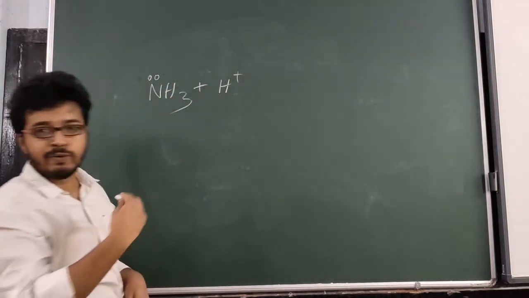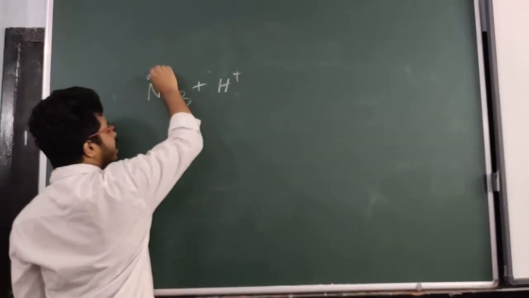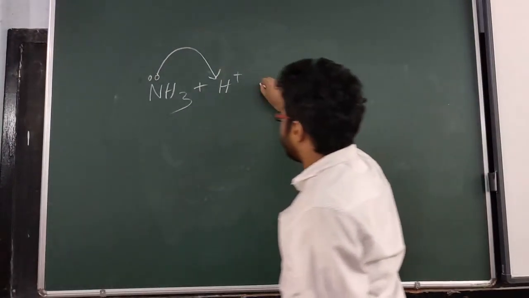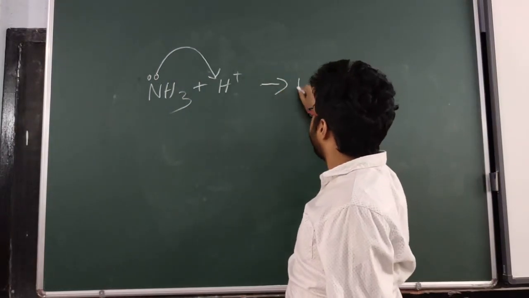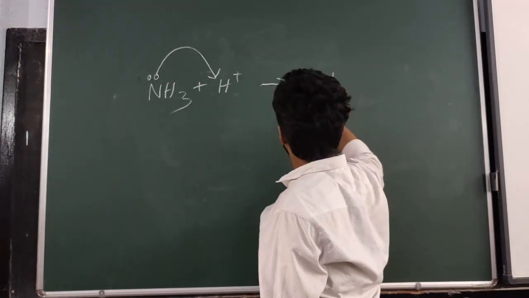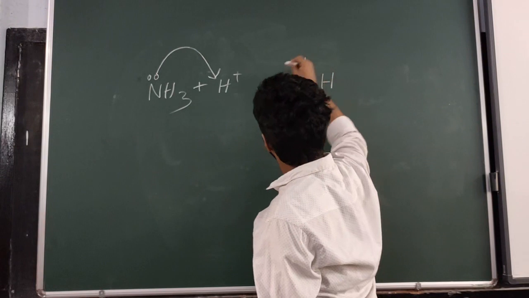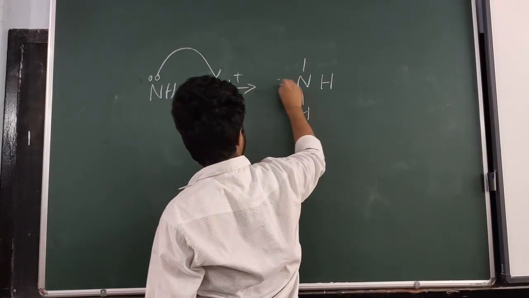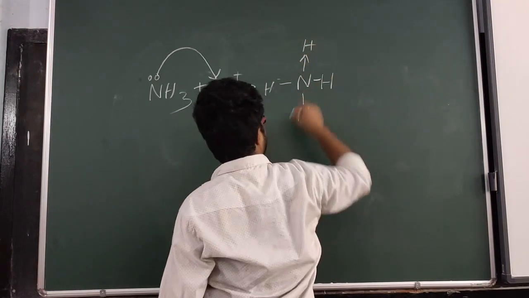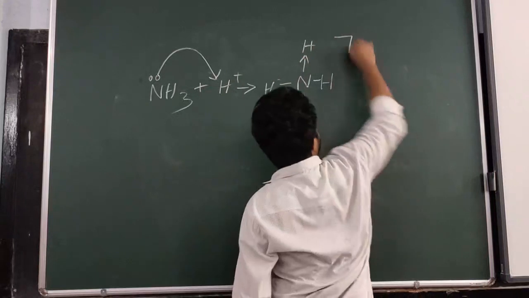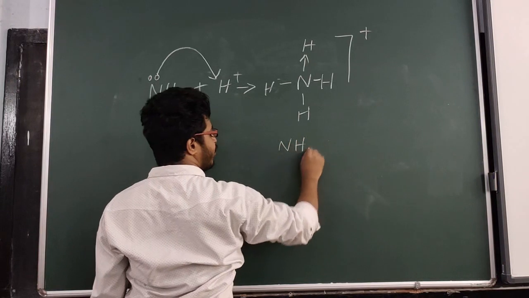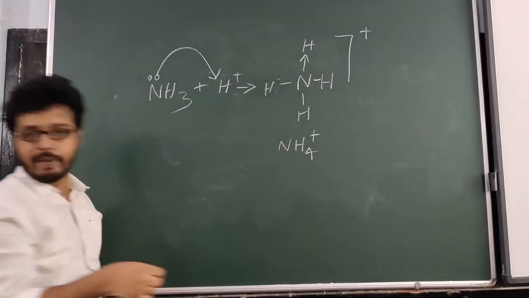what happens? I hope you have studied this reaction also. Ammonia will easily donate this lone pair to the acceptor species and it will form, I hope you remember this, in short we can write it as NH4 plus, or the ammonium ion.